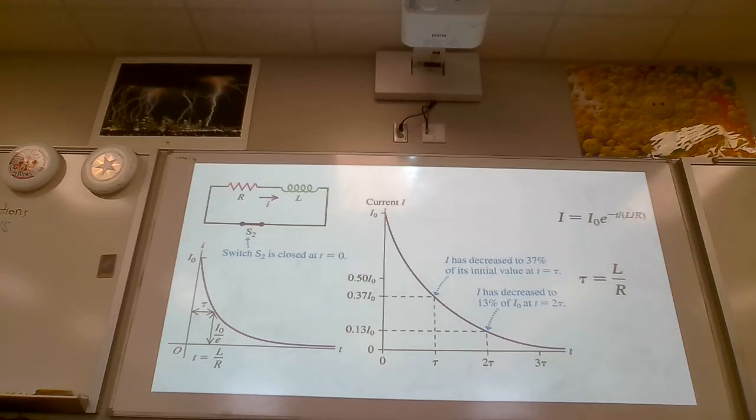Our time constant is L over R instead of RC. As the inductance goes up, there's more inertia saying keep going, and it takes longer, so there's a larger time constant. But if the resistance is bigger, that slows things down faster.